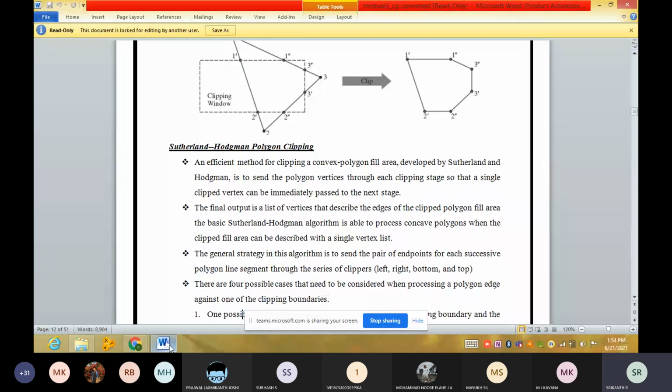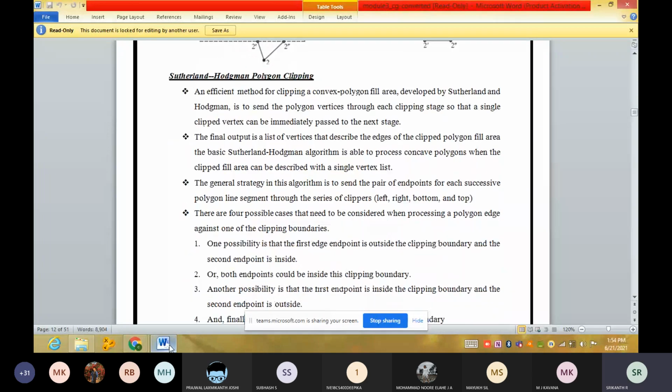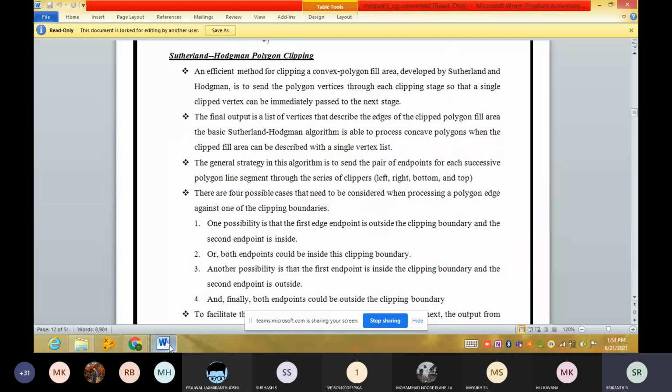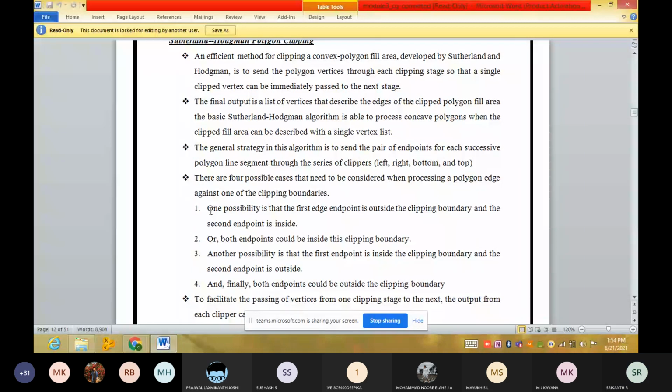There are 4 possible cases. Go through those cases.